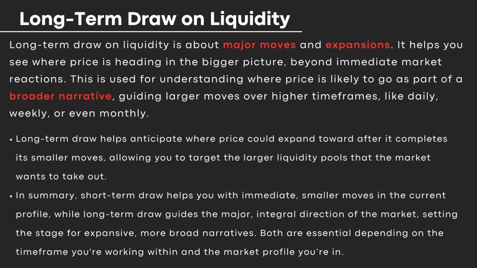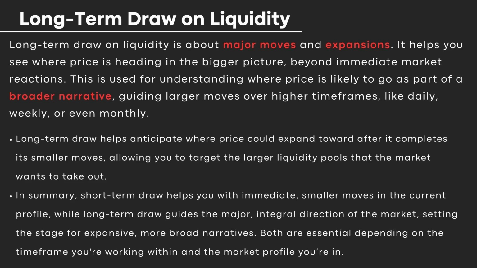Long-term drawn liquidity helps anticipate and determine where price could expand towards after it completes smaller movements like retracement profiles and pullbacks, right? Which allows you to target the larger liquidity pools and the higher time frame objective that price is reaching for, meaning it'll help you anticipate and find the larger liquidity pools that the market wants to take out.